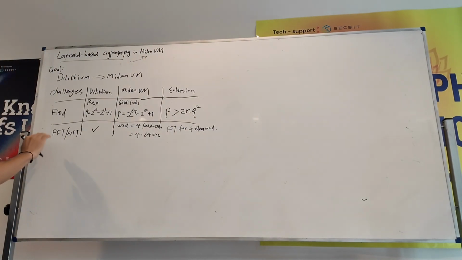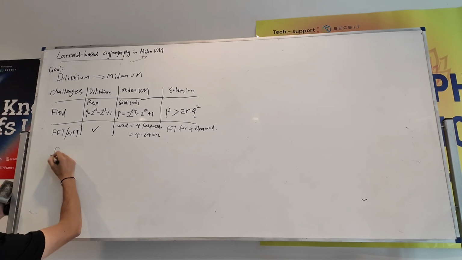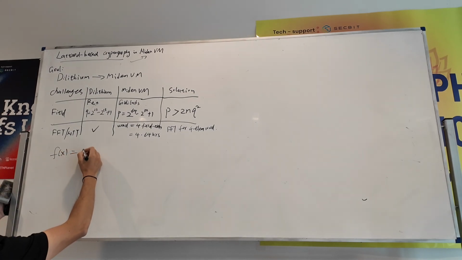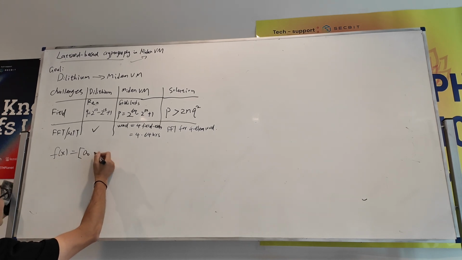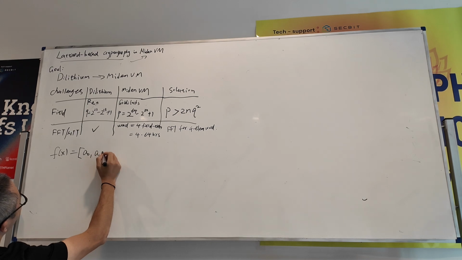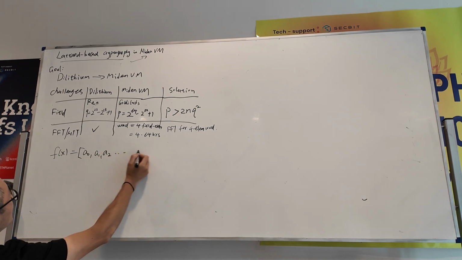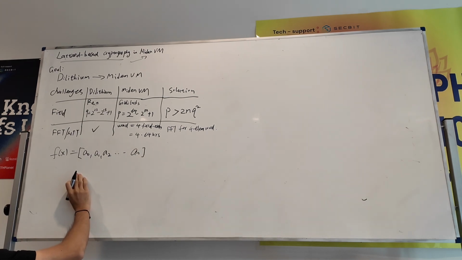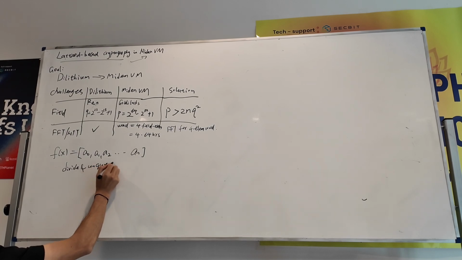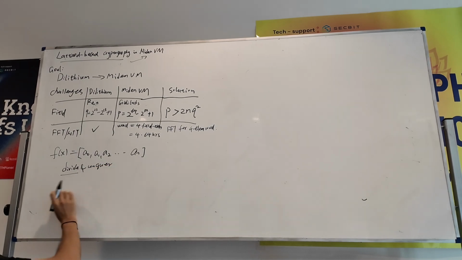So I will start from a normal FFT. We write the polynomial in coefficient form, such as A0, A1, A2 to A7. In the normal FFT, you do divide and conquer. First you divide. A quick way to divide is to use bit reverse.